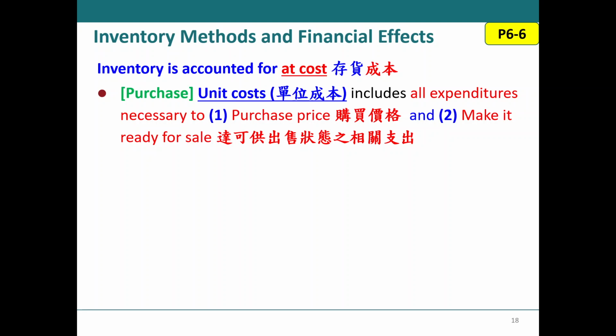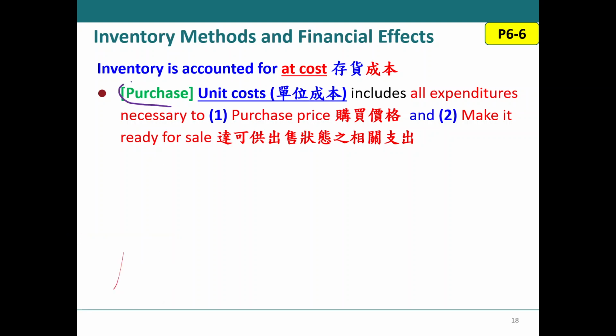How to determine unit cost? In other words, how to determine the cost of inventory. We talked about that at the beginning of chapter 5, right? When you purchase inventory, how to determine it? 1 plus 2, right?